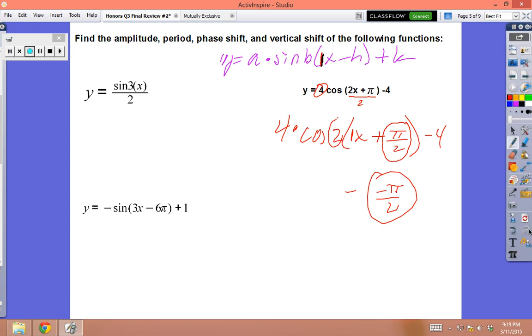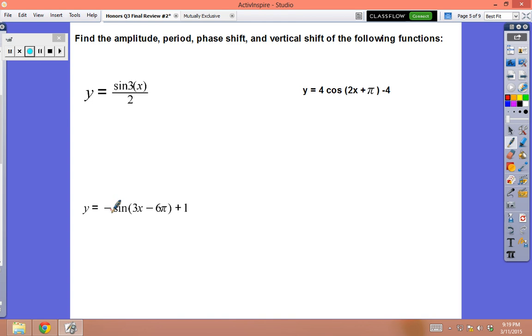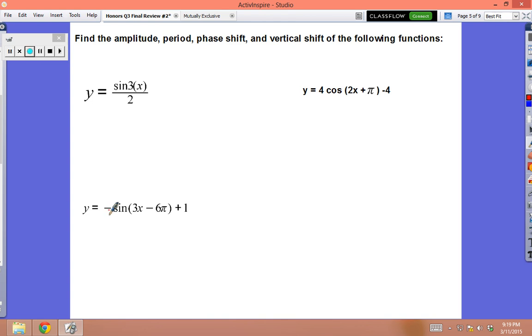Okay, the last one. This negative is not going to affect my amplitude. It's just going to flip the graph over the center, over the middle of your max and min. So my amplitude is just 1. It's going up to 1 and it's going down to negative 1. But I need to write this as negative sine of 3 times (x minus 2 pi) plus 1.